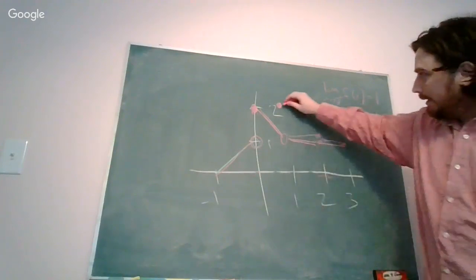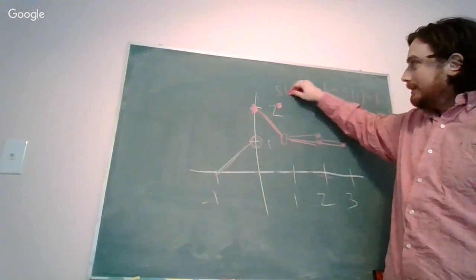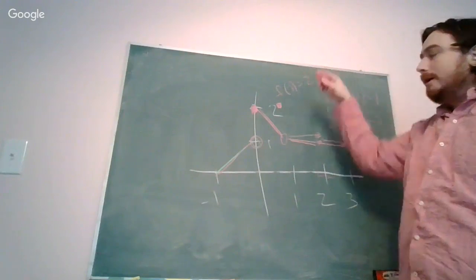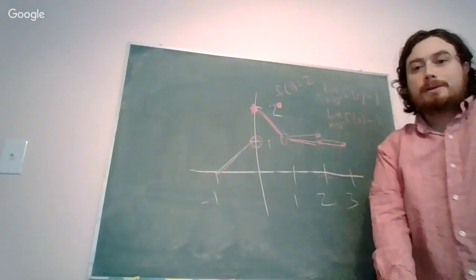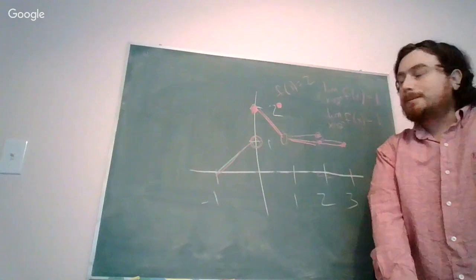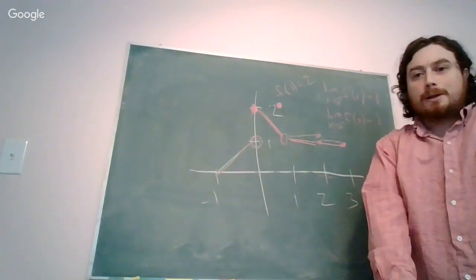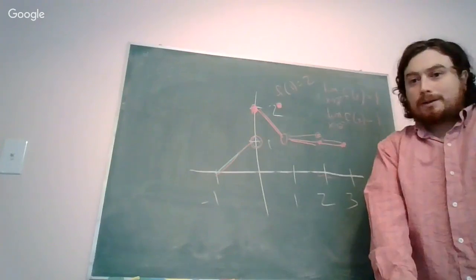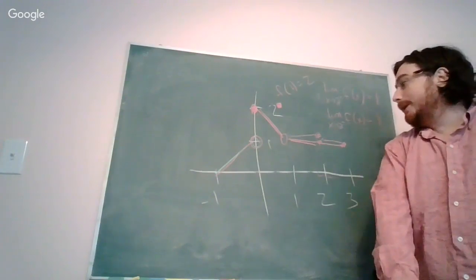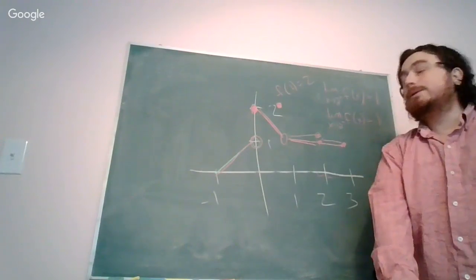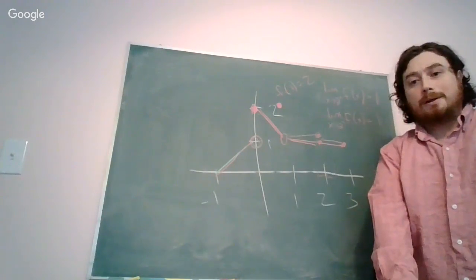However, we note that f of 1 is actually equal to 2. So the limit is not equal to the function value. As far as the limit's concerned, it doesn't matter what's happening exactly at the point 1. It just matters what happens when we're close. As we get close to 1, our y value is getting close to 1, so that's our limit.